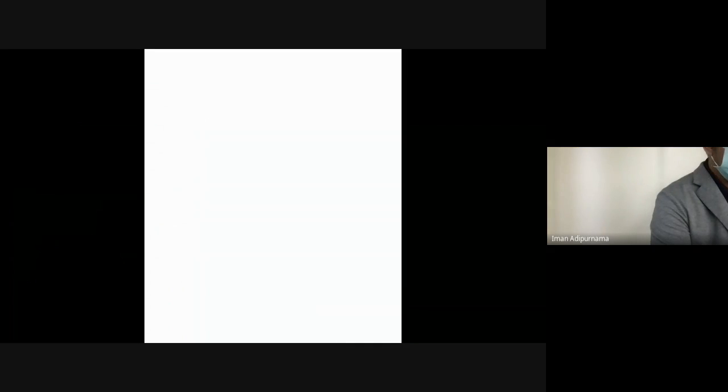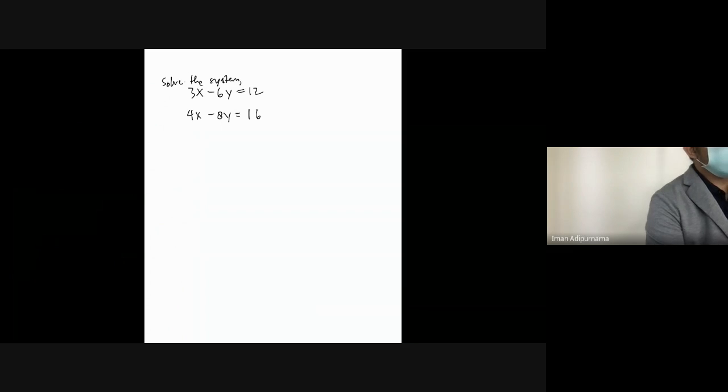Okay. Another one, if we have 3x minus 6y, 4x minus 8y. Okay, what is this about? Can you solve this? And what's the difference between this and the previous one? What is the difference?